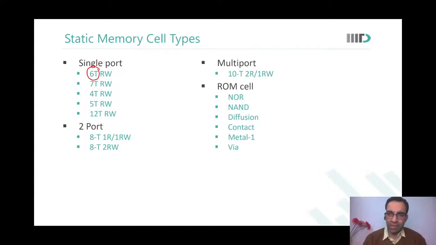First we will see a single port cell, then we will look at a set of two port cells, and then we will look at ROM cells. Multi-port cells are extensions of these two port cells only. This is just a primer slide for you as to what to expect in today's and the next lecture, or the next to next one.